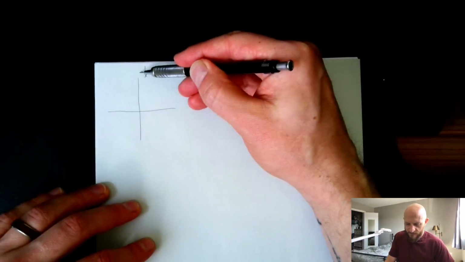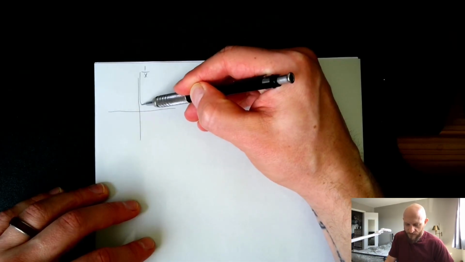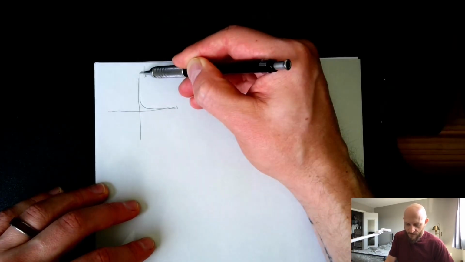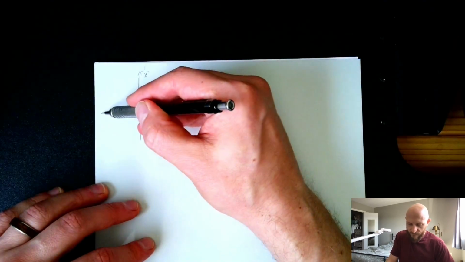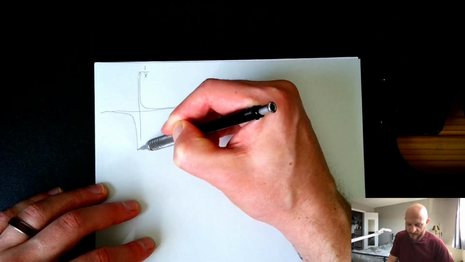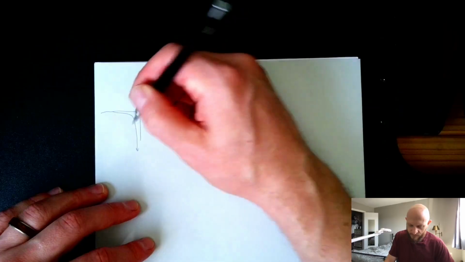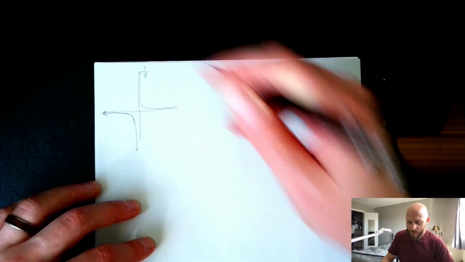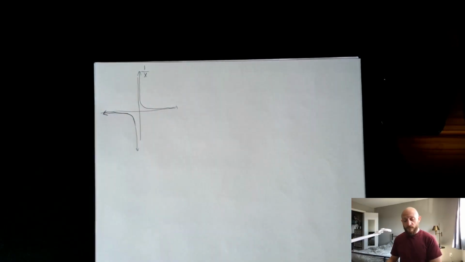And it looks like this. It's kind of broken into two pieces. I'll draw it as best as I can, but it's got asymptotes, which means it gets infinitely close to certain lines, but never actually touches them. My drawing is not totally doing it justice, but here's in general what the reciprocal function 1 over x looks like.